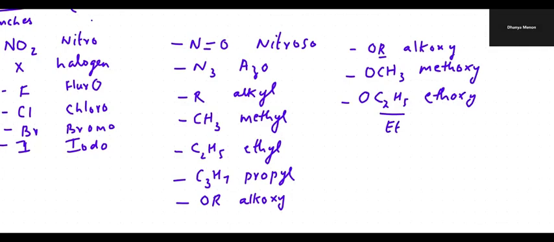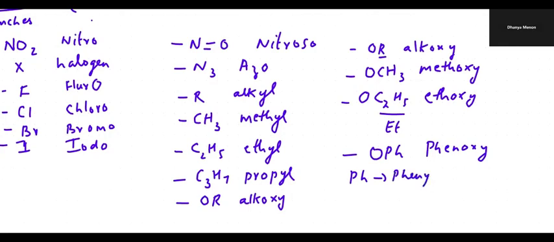Then OPh, where Ph stands for what? Phenoxy or phenyl group. Okay. So here this whole thing is called the phenoxy group, and this Ph stands for the phenyl group.